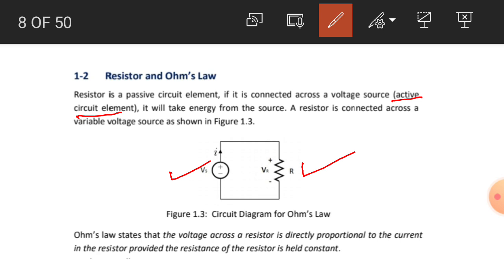The voltage across the source is a time varying voltage. This is why we represent this voltage with the help of small v.